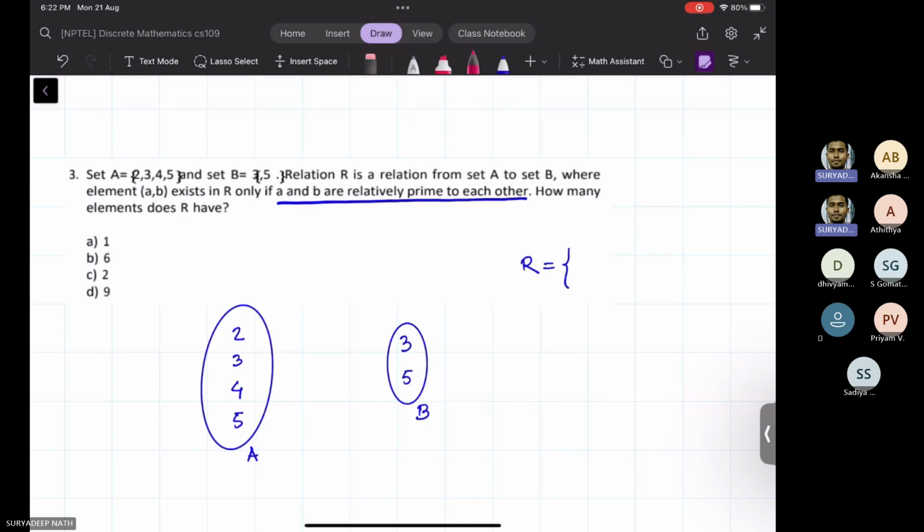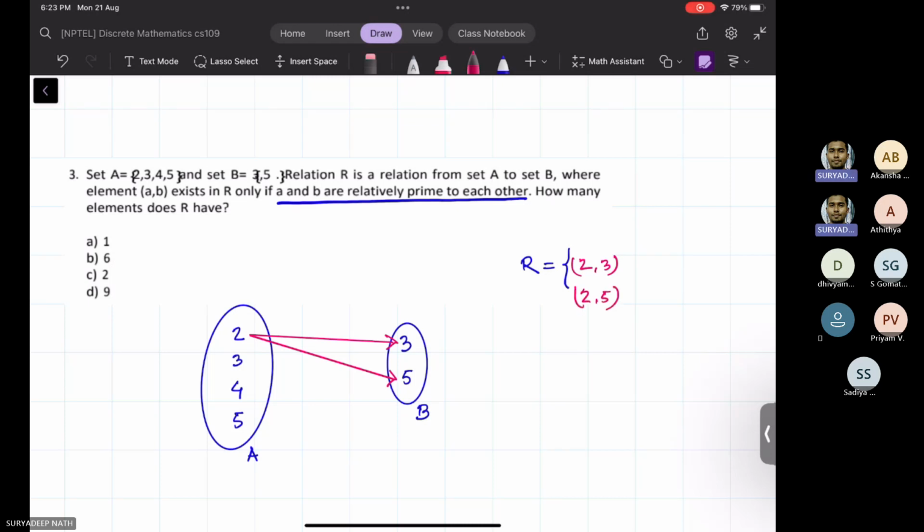Can anyone say? 3 and 5, right? So you can draw an arrow from 2 to 3 and an arrow from 2 to 5 as well, because 2 and 3 are co-prime, and 2 and 5 are also co-prime. So we have (2, 3), we have (2, 5).